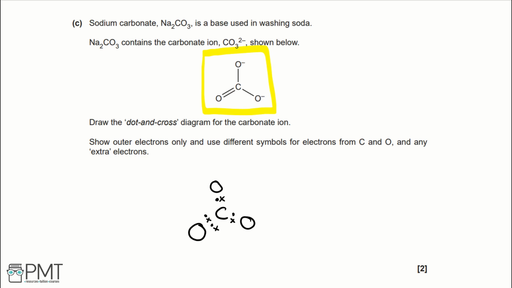Oxygen has 6 electrons on its outermost shell, so we can complete the electrons around oxygen by completing the number 6. So in the carbon double bond oxygen, it's already donated 2 to make the double bond, so we have 4 more to fill.